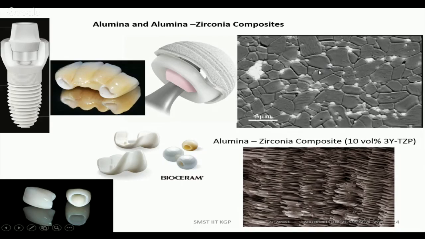There is none. So if you have these two zirconia grains with monoclinic phases, and there is a crack propagating in between these grains and they transform under the stress, there is a volume expansion, but there is no space for expansion. Eventually they apply compressive force, and as the crack propagates they experience some compression. So eventually the crack is not going to propagate through, right? So this is one of the toughening mechanisms.